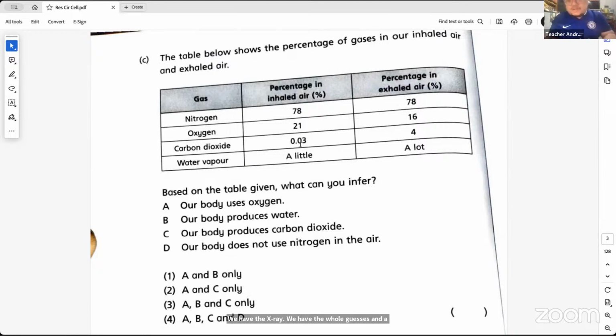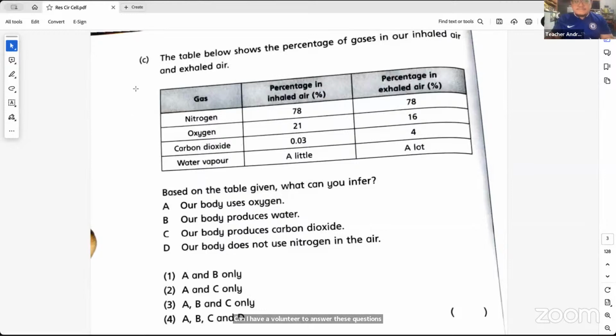Now, based on the table above, what can we see? Is it A, our body uses oxygen? Is it B, our body produces water? Is it C, our body produces carbon dioxide? Or is it D, our body does not use nitrogen in the air? Can I have a volunteer to answer these questions?